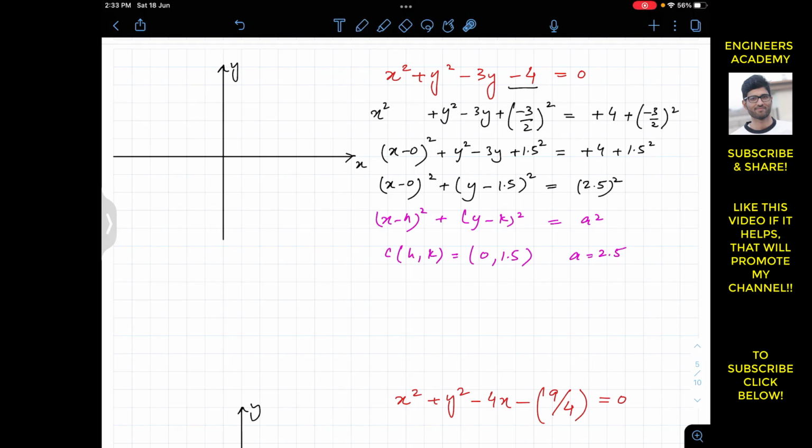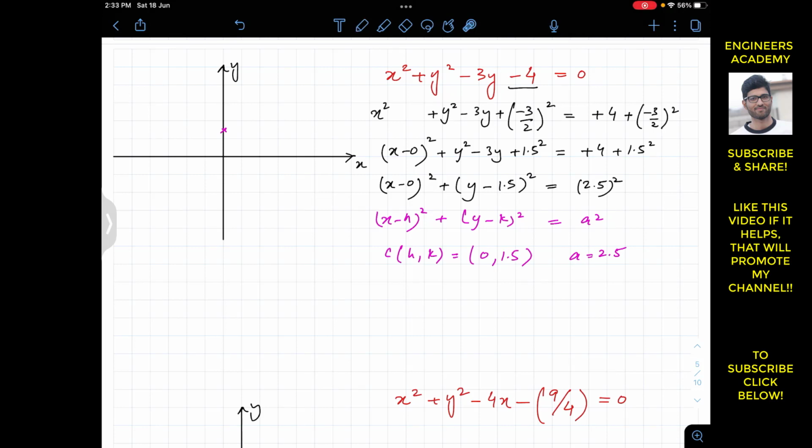So now the center is at x = 0 and y = 1.5. So now this is 1 and somewhere here is 1.5. So somewhere here is the center, and then the radius is 2.5.